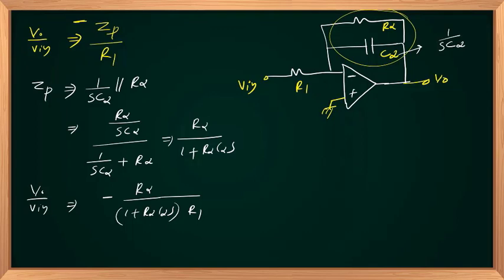As omega tends to 0, the S term will go to 0. S is j omega. Then the denominator will be 1 plus 0 times R1, that is R1 itself. So as omega tends to 0, this transfer function tends towards minus R2 by R1.